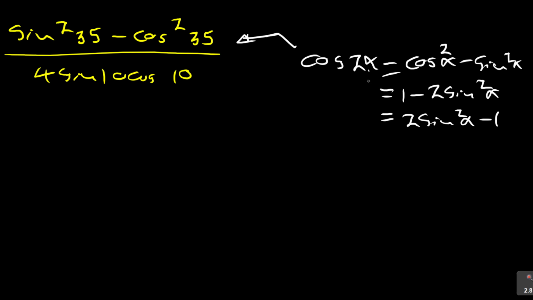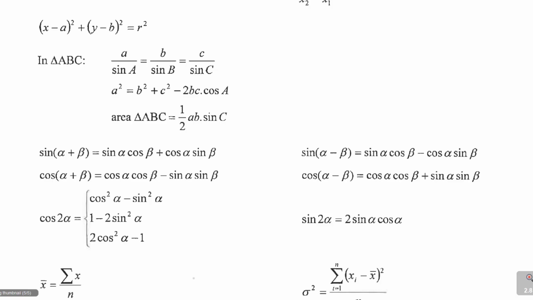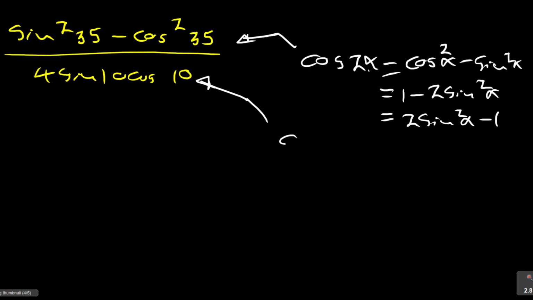They are always 3, but be careful about it. Then this one, did you see it? It's this one, sine 2 alpha, which is 2 sine alpha cos alpha. This is the one that they are using here. See that? Sine 2 alpha. So now if I'm to write it here, sine 2 alpha is equal to 2 sine alpha cos alpha.